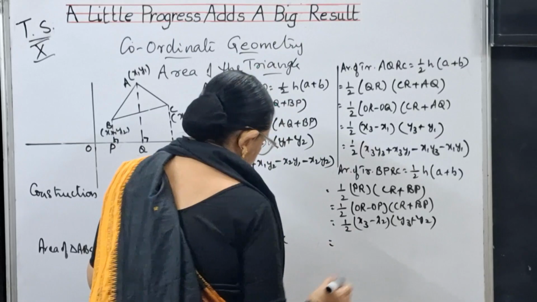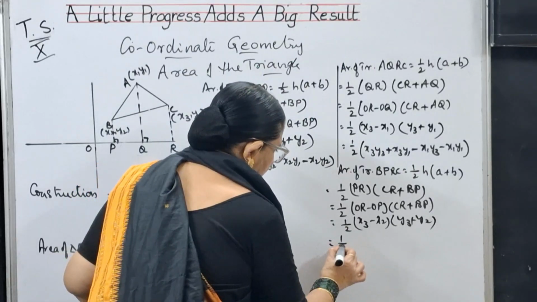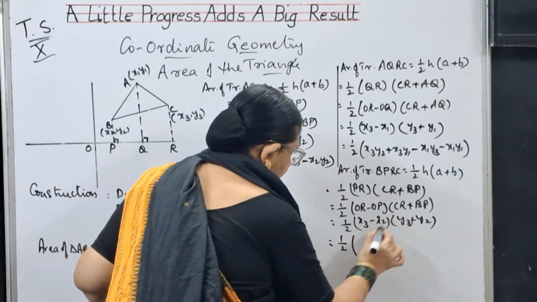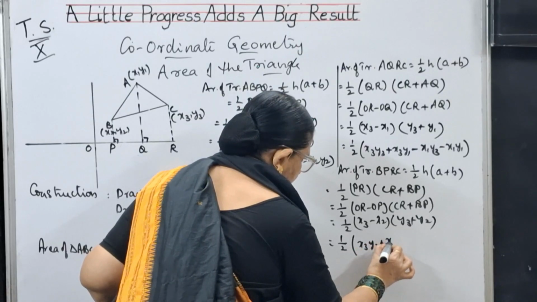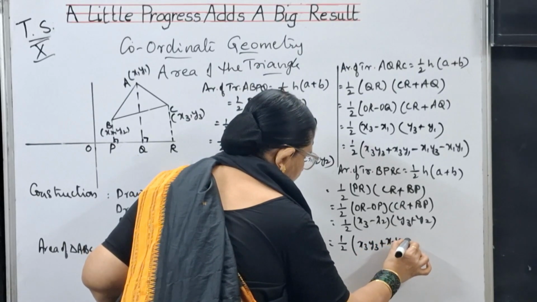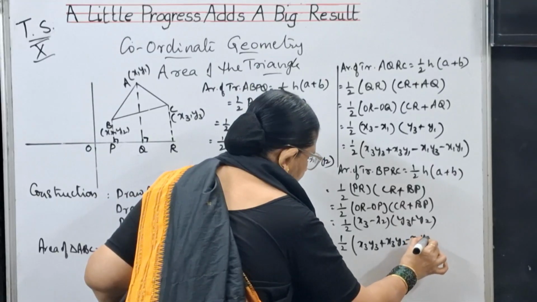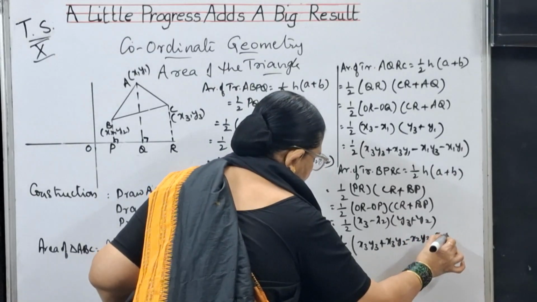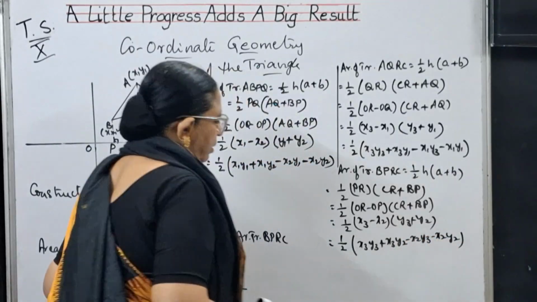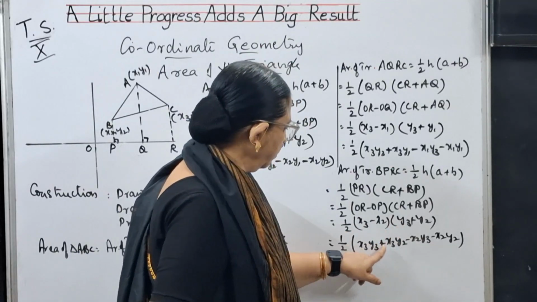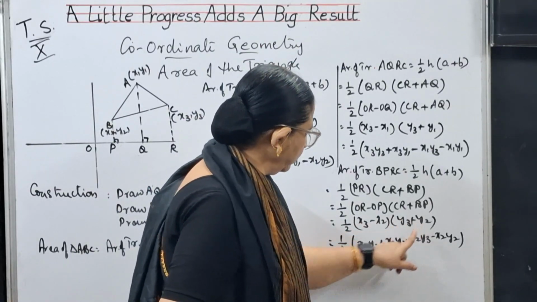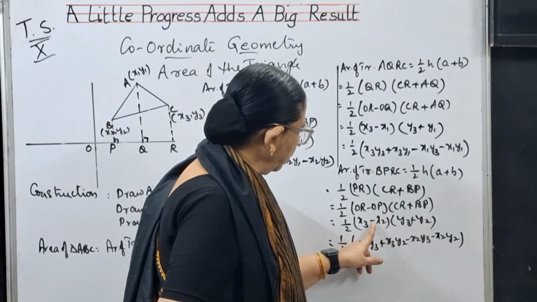So this is equal to half into x3 y3 plus x3 y2 minus x2 y3 minus x2 y2. I hope I am clear, children. x3 into y3, x3 y3 plus x3 into y2, x3 y2. Now you have minus here.